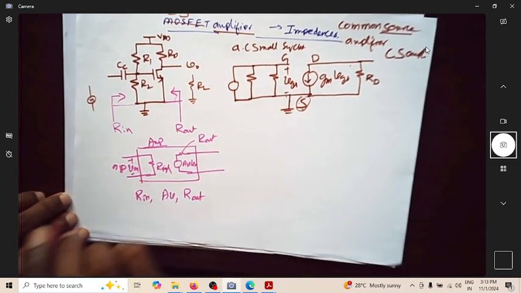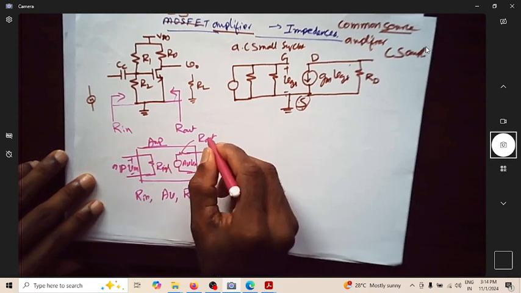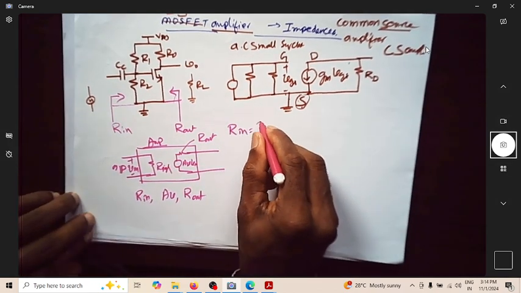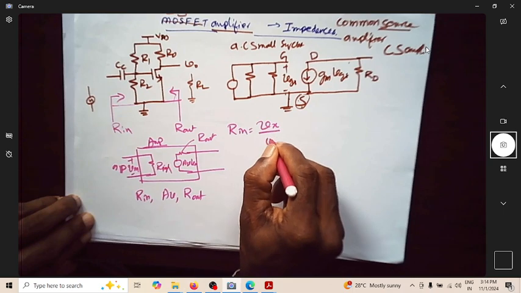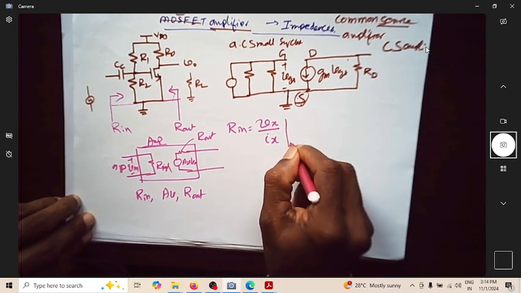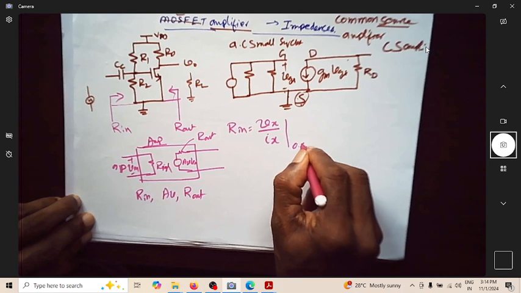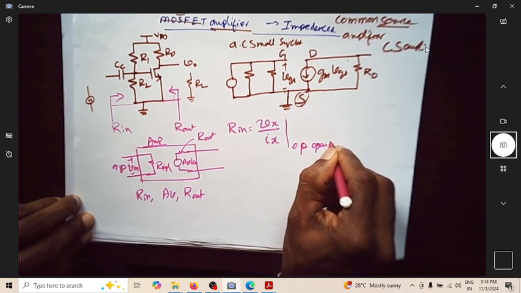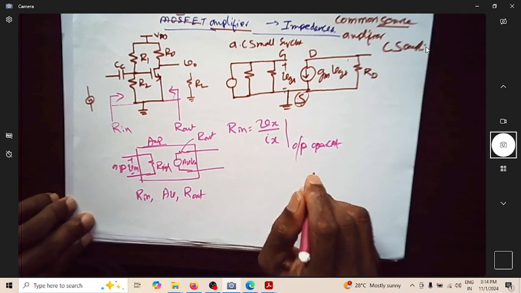To find out R in, suppose I apply some known voltage source Vx. If I can find the current that is entering the amplifier, with the output open circuited, then I can find the input impedance.